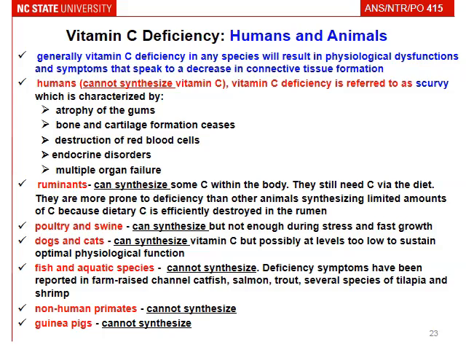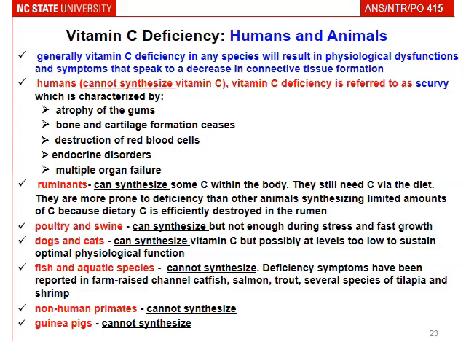We do provide some in the diets of young poultry and swine, and that's because of the rate of growth that they are enduring. They just cannot synthesize enough vitamin C necessary for the rate of growth that they've been genetically selected for.